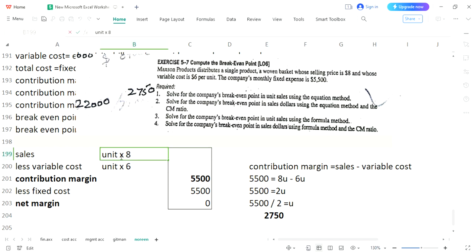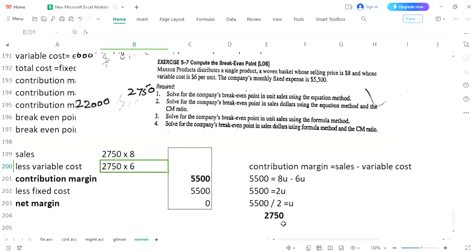Now we can replace the English word units by 2750, which we have recently calculated. In a similar way, units of sales and cost will always be equal. So here change your units. How many units have we calculated? 2750.